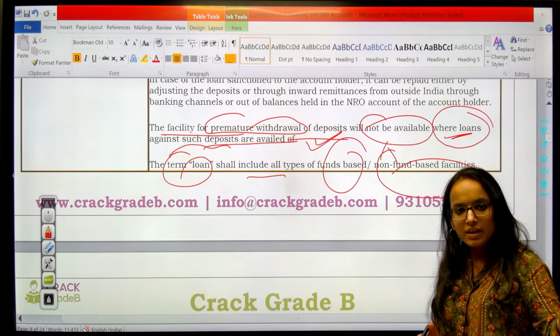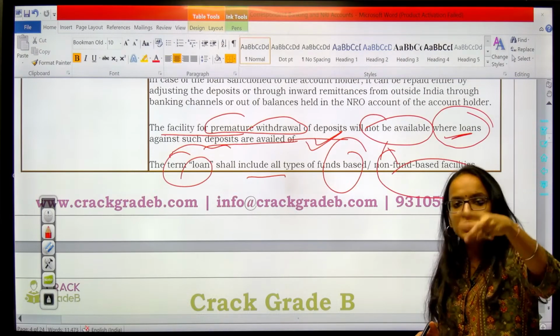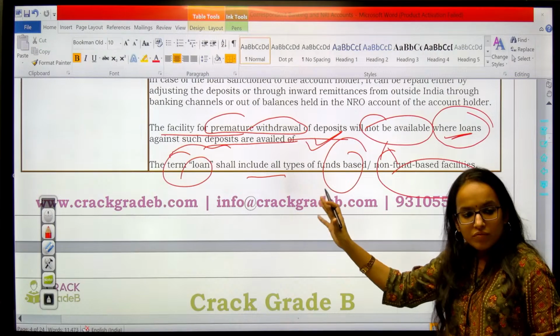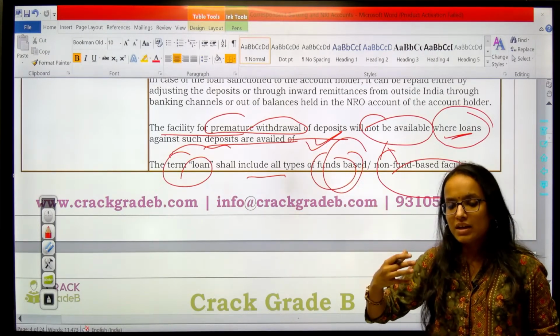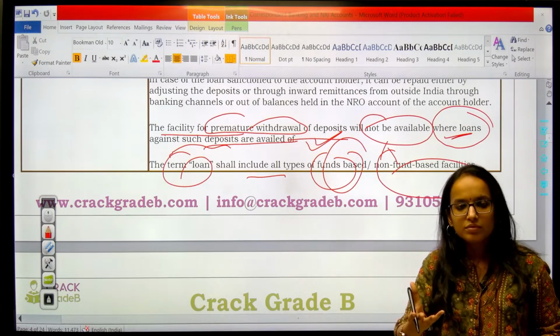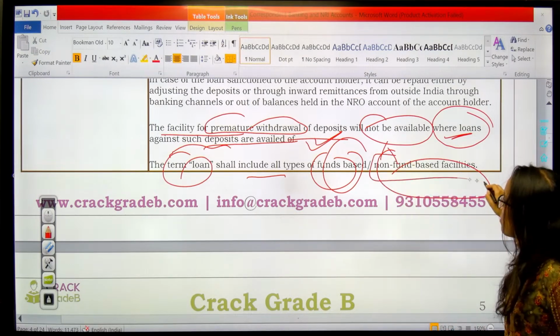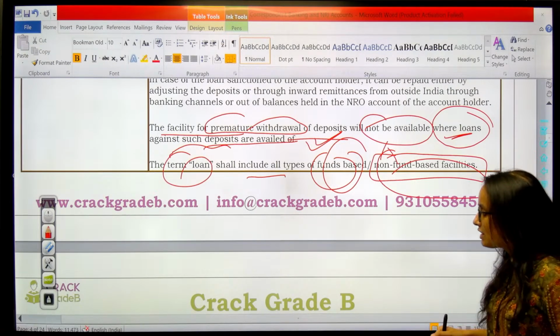You must be knowing, right? With a letter of credit issued by a bank, the bank pays directly. Loan means fund based, where there is an immediate release of fund as a loan, or there can be non-fund based facilities as well.